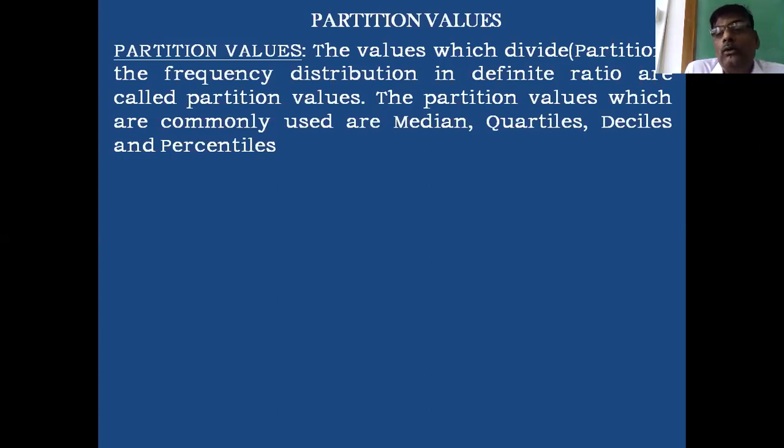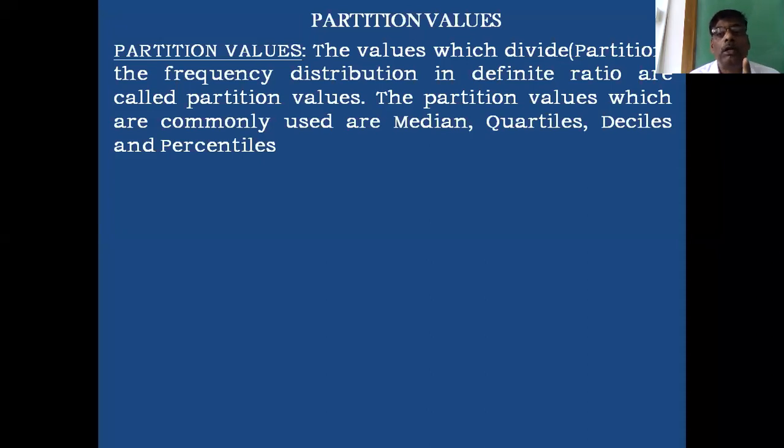First partition value in our study is median. In the median we make two parts, two divisions. So the total frequency is divided into two and one value is ascertained.